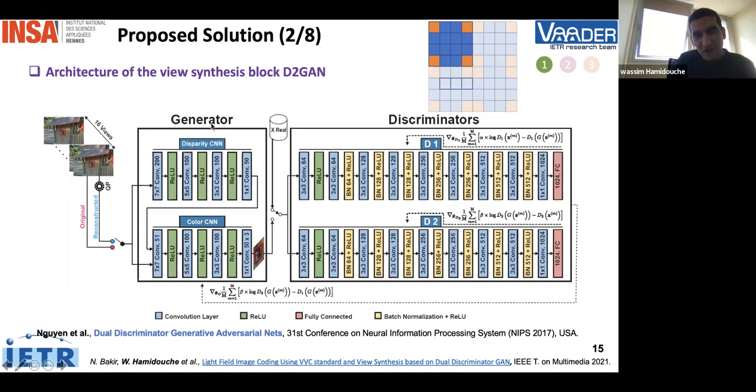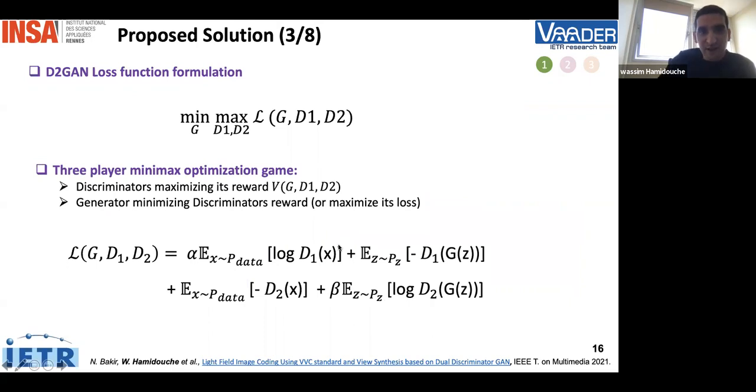And the training of this generator, which is composed of two convolutional neural networks, will be guided by two discriminators, as we can see here. The first discriminator will minimize the callback loss function, and the second discriminator will minimize the reverse of this callback loss function. As we can see here, it is a three-player minimization maximization problem.